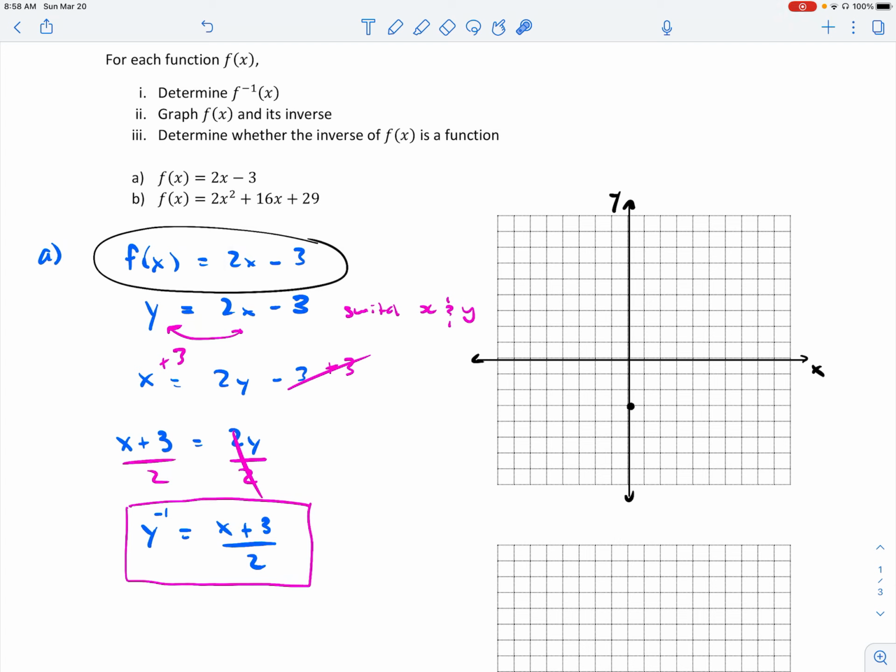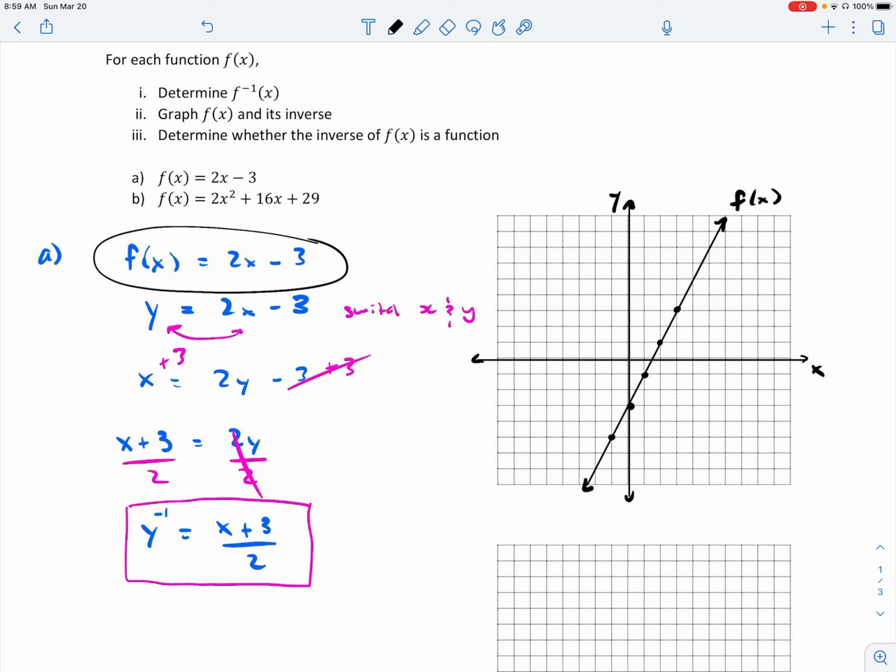The slope is 2. So from the y-intercept, I go over 1, up 2. That would have a positive slope of 2. So I have a bunch of points here. I'm just going to plot a few more, and then I'm going to draw a nice clean line through all of this. So that is my equation, f of x.